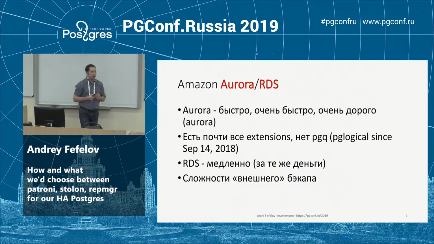So the first one, the zero point, let's say, is the solution in Amazon. We wanted to be part of Amazon, not to use Postgres on our own at all.